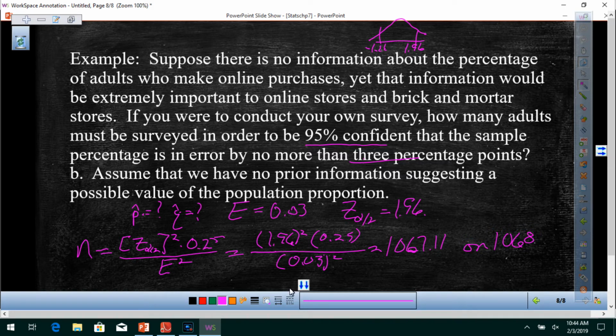So you would need to survey 1,068. Okay. Now, what some people do is they get a number like that, and then they survey 30% of them or something like that, and then they calculate their p-hat, and then they go from there and figure out how many more they need to survey.